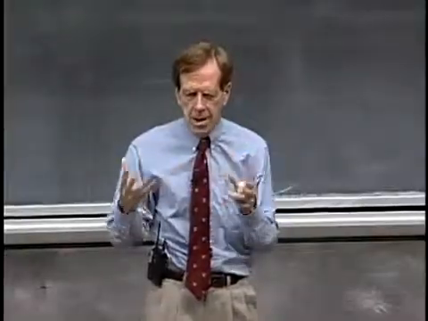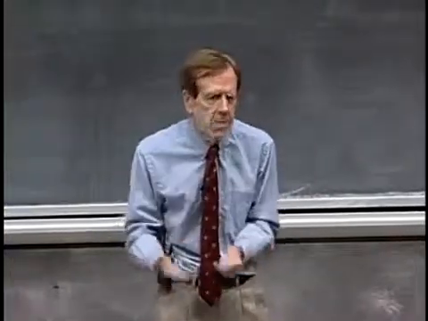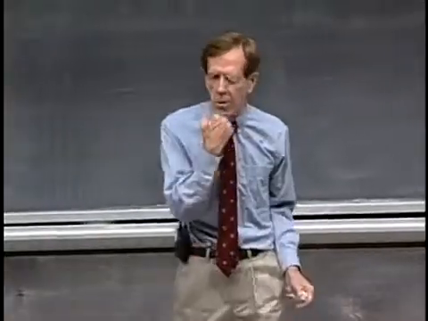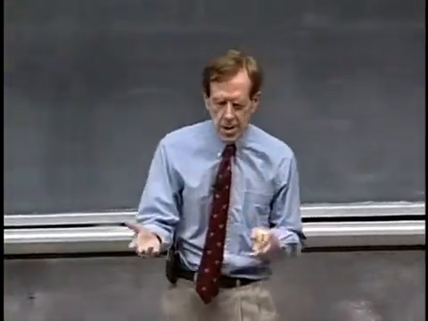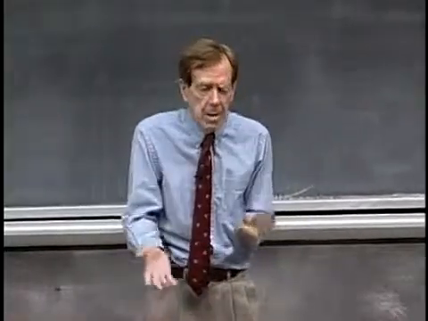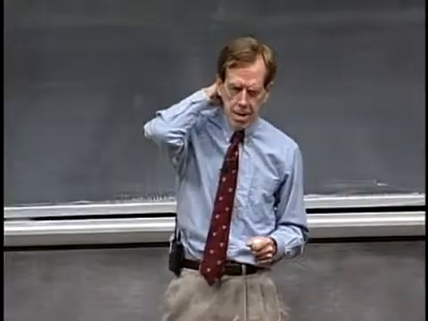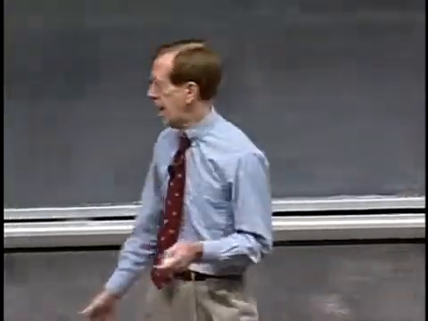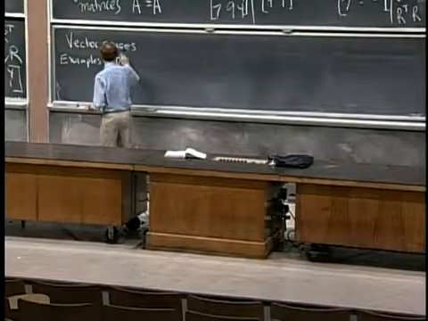A space of vectors has to allow me to do the operations that vectors are for. I have to be able to add vectors and multiply by numbers. I have to be able to take linear combinations. Well, where did we meet linear combinations? We met them back in, say, R2.